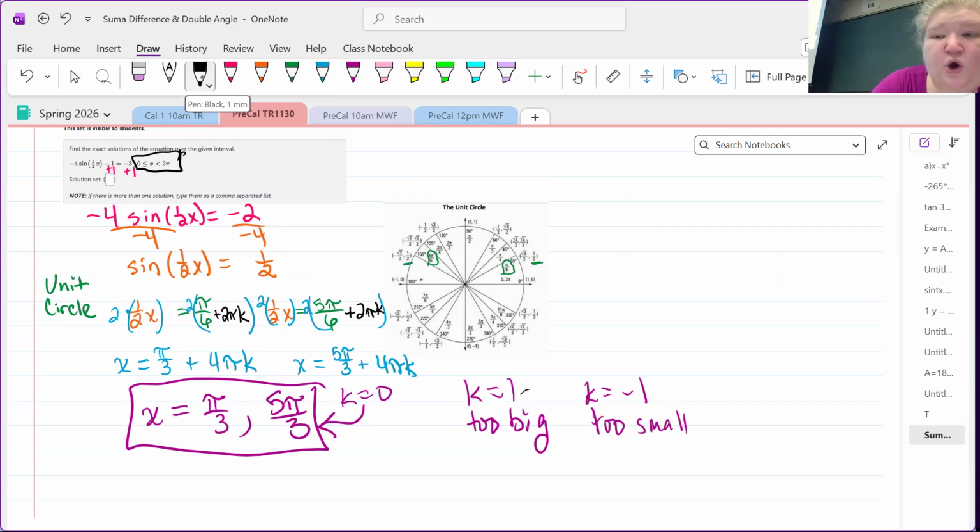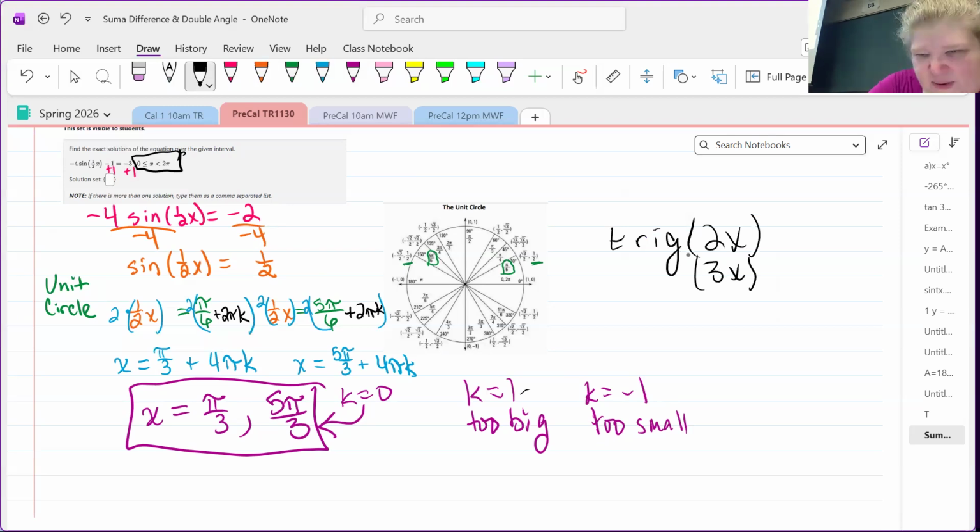So generally, you know by actually plugging the numbers in and trying it out. But also, when you solve enough of these, you get used to when it matters and when it doesn't. Generally, the k values only matter when we're doing a trig function of 2x or 3x, when the thing being multiplied to x is bigger than 1.